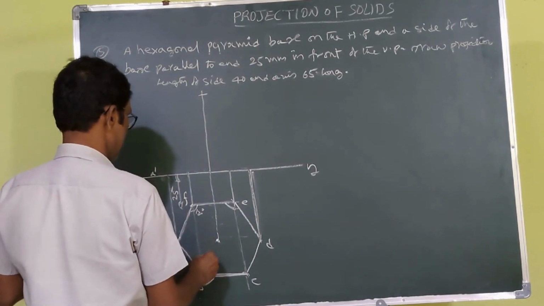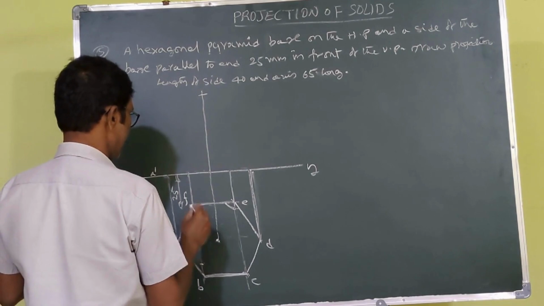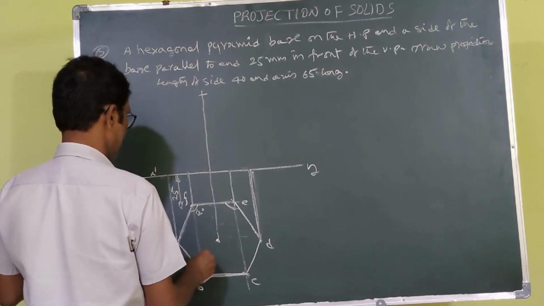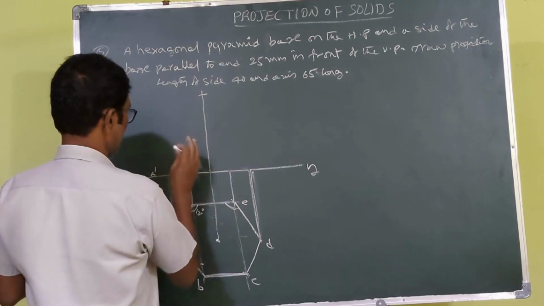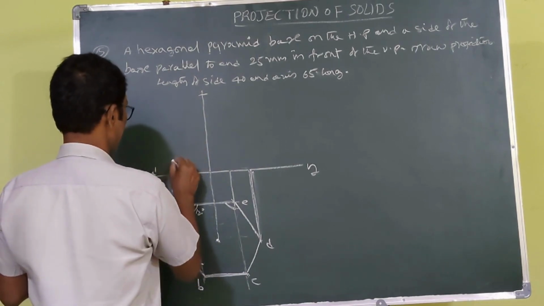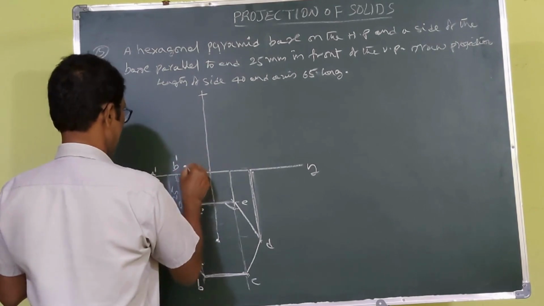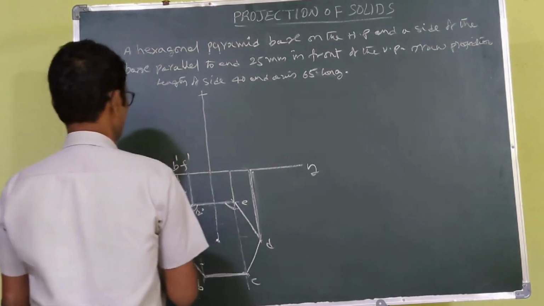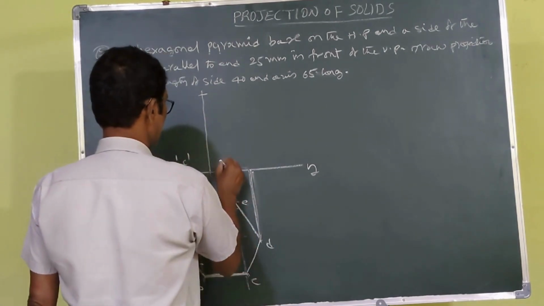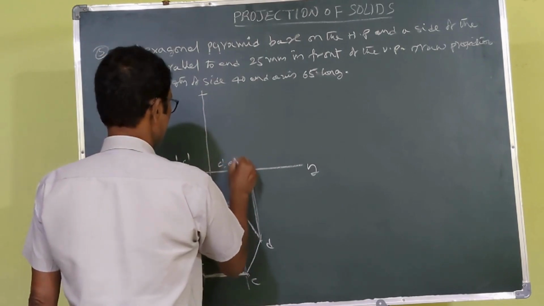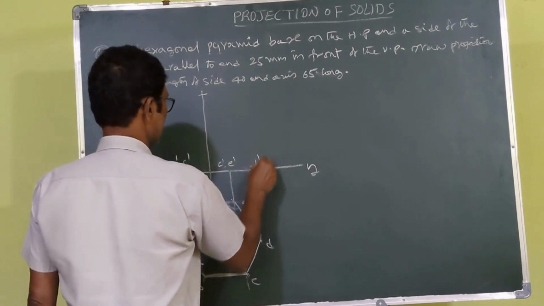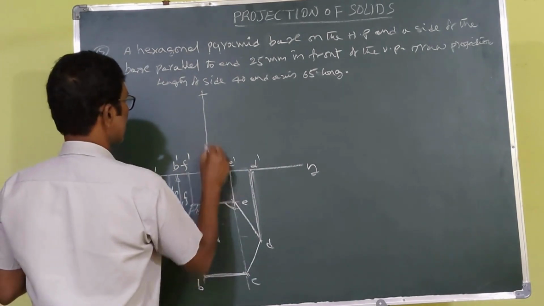This is the front view. Therefore this is B dash, F dash. Here is C dash, E dash, and D dash.